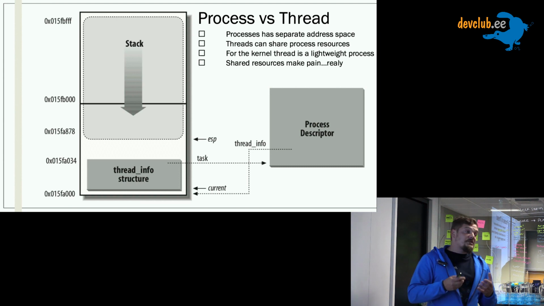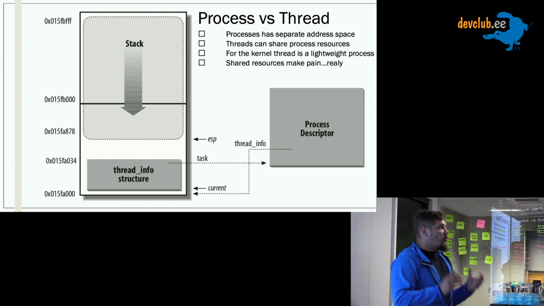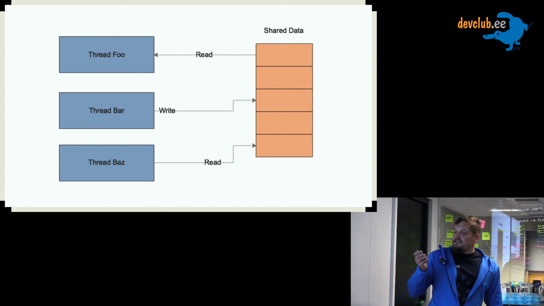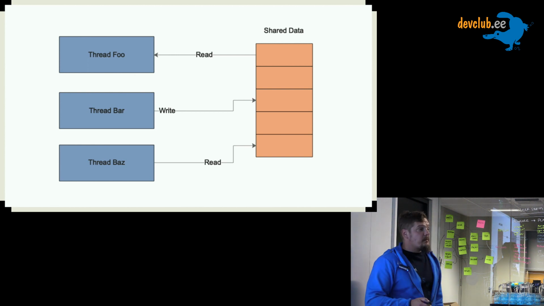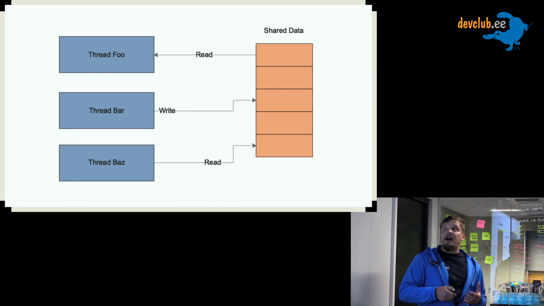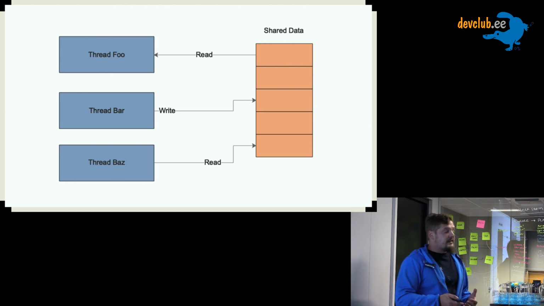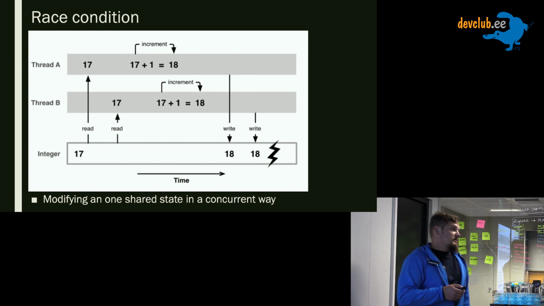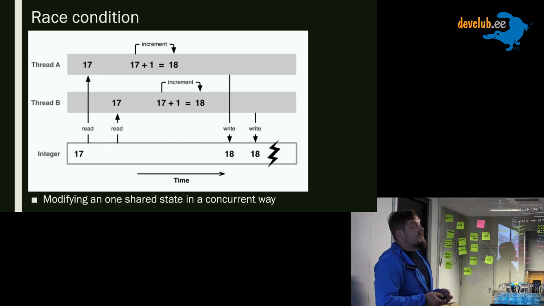And the shared resources are what makes pain for us. Here is a simple picture where we have some shared data, and some threads which concurrently access this data, with some reads and some writes. What problem could be seen here?